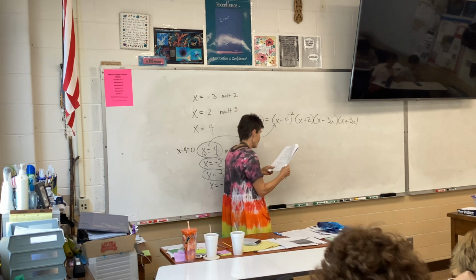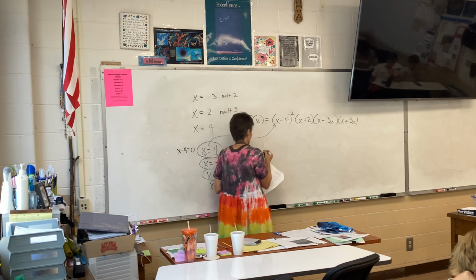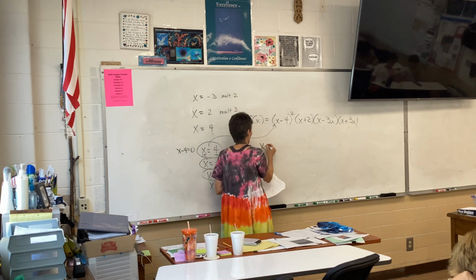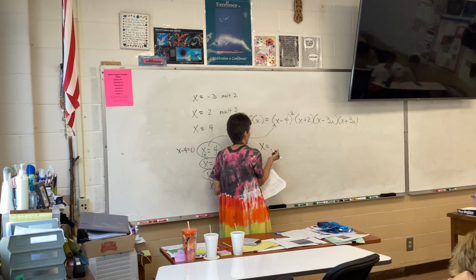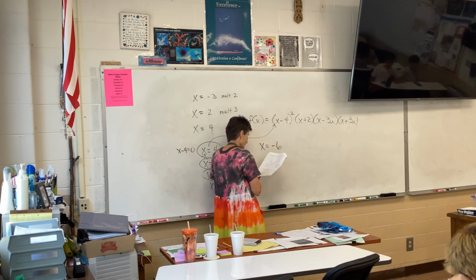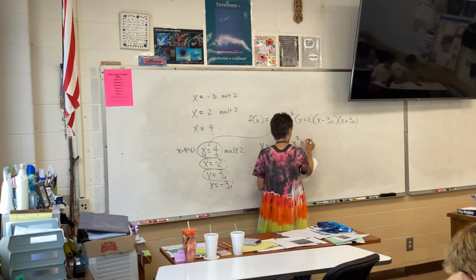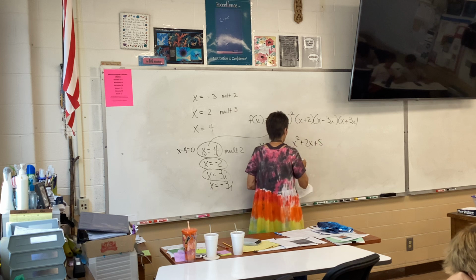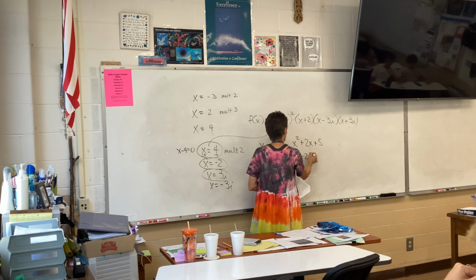All right, 3a, find all the zeros. All right, what's one of them right off the bat? -6. How are we gonna get the other ones? Probably use the quadratic formula, so -2 plus or minus the square root of b squared minus 4ac over 2.